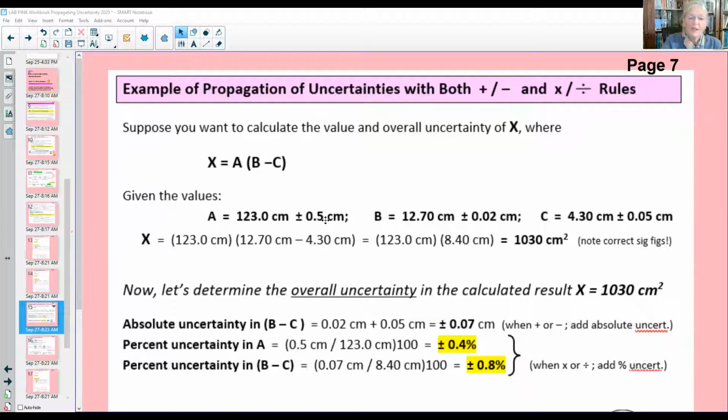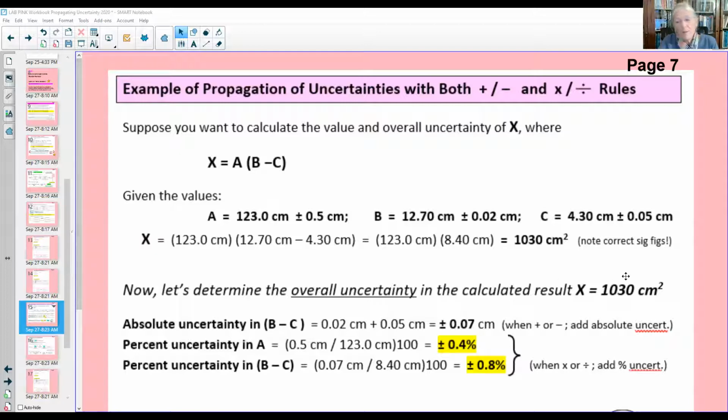You would have already decided in the laboratory what these absolute uncertainties are for each piece of data. So first we do the math. X overall equals just these numbers multiplied and subtracted.